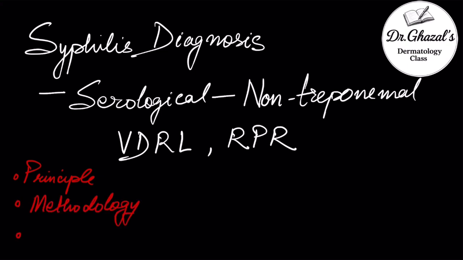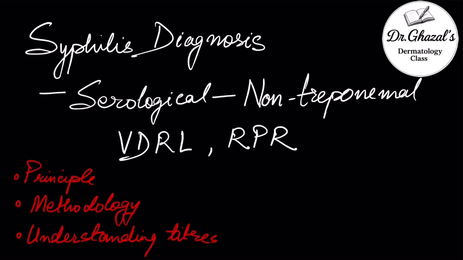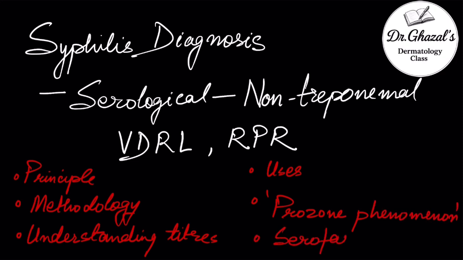We'll understand what the various titers which are reported mean. What are the uses, its advantages, its disadvantages? What is the prozone phenomenon and how does it affect the diagnosis? And what is serofast? So let's start the class.